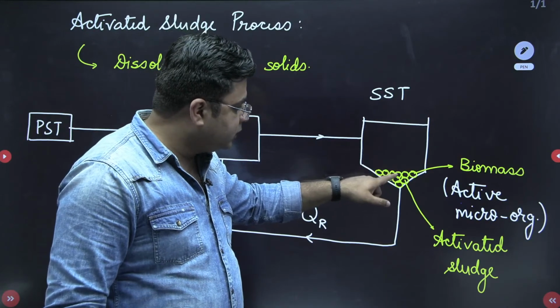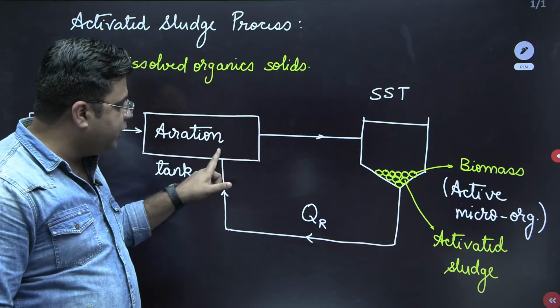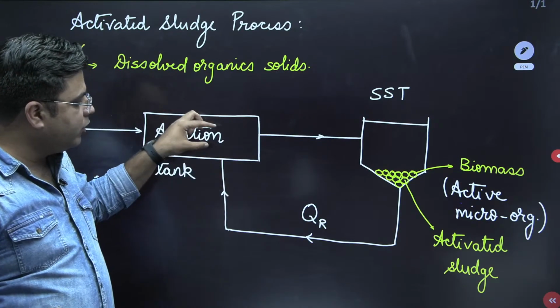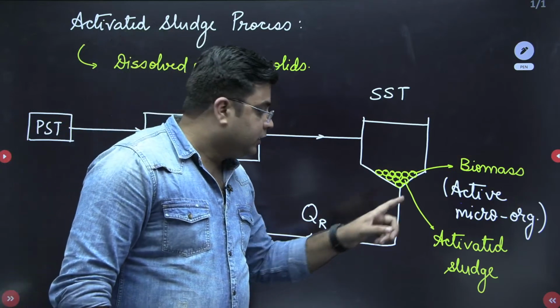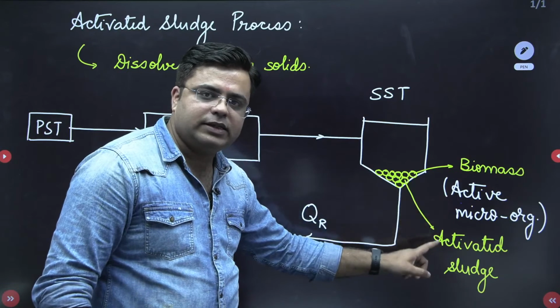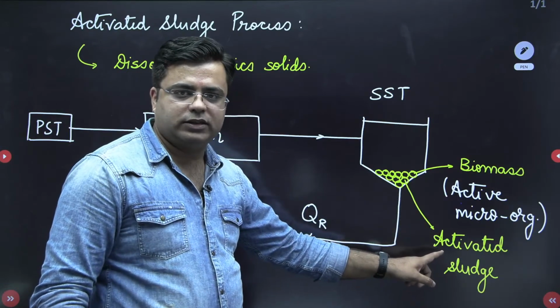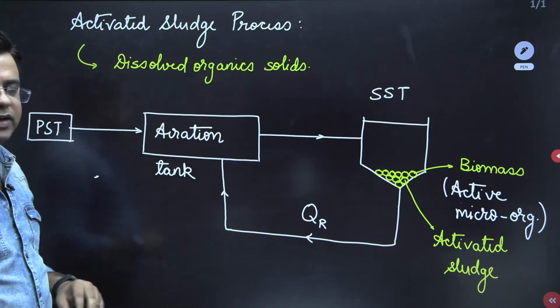This biomass, which contains active microorganisms, is recirculated back into the aeration tank in order to increase the number of microorganisms. Since this sludge contains active microorganisms, it is referred to as activated sludge, and this entire process is termed the activated sludge process.